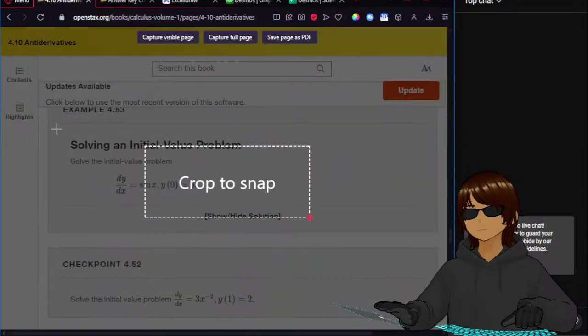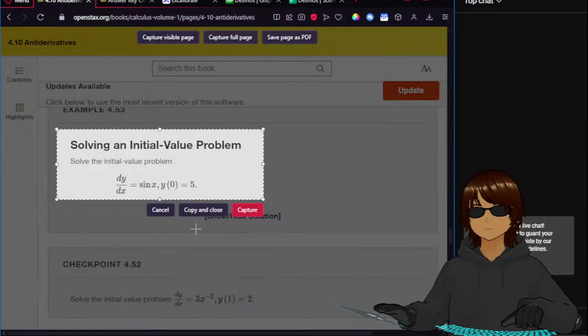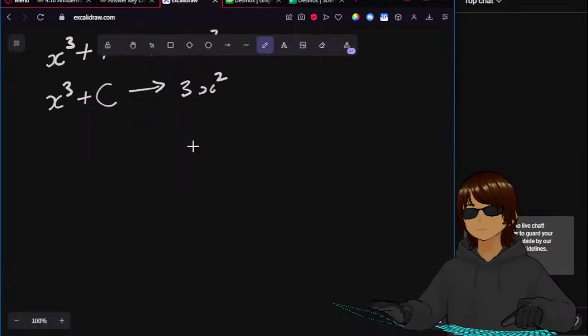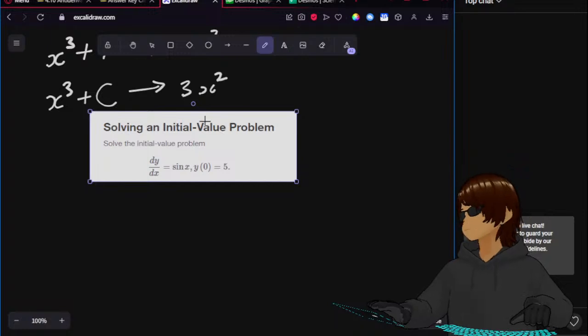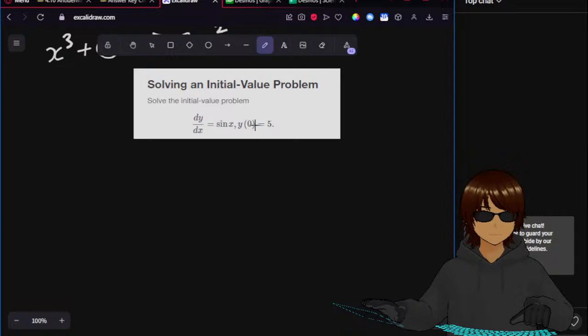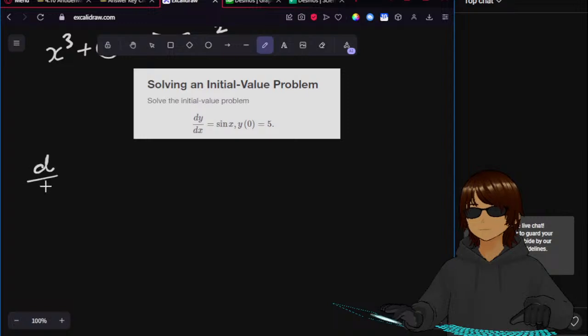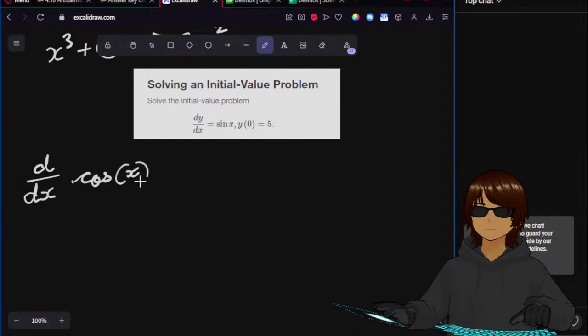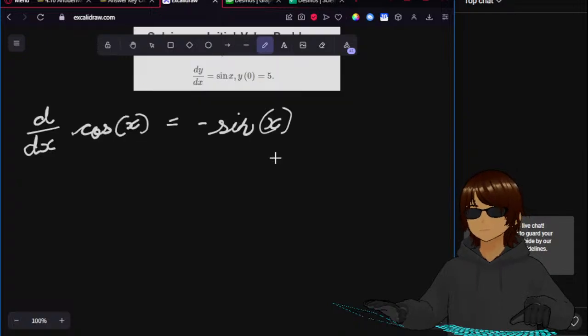Solve this. So the derivative of cos x is minus sin x. So we bring the negative to the other side.